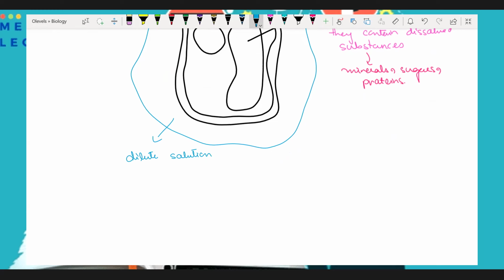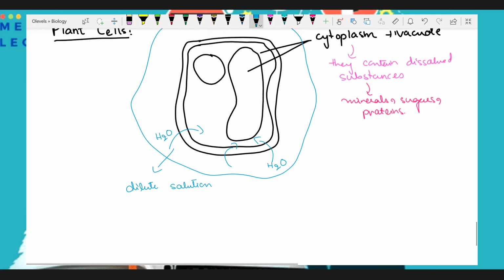Now, what happens when it is surrounded by a dilute solution? That means that water starts entering into the plant cell. Numan, are you getting this or not? Yes, ma'am, I am getting this. Okay. So as this was surrounded by a dilute solution, water will start entering into the cell, right?